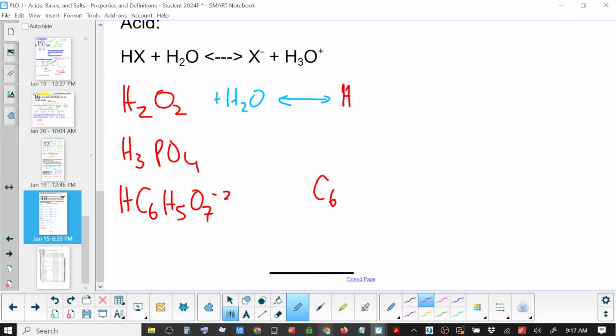C6H. No, they'd write that C5H5, C double bond C double O. This and that are kind of the same compound.